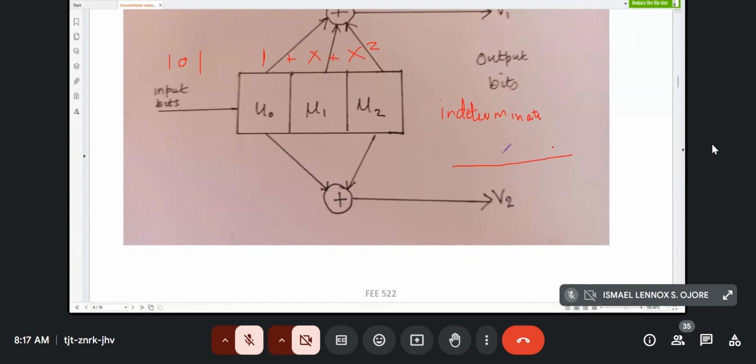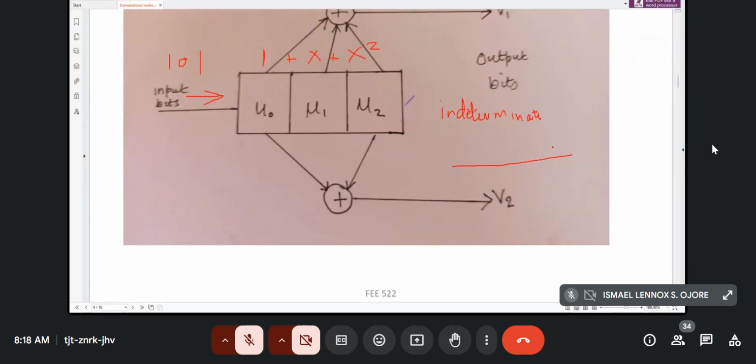It will not be that straightforward, because the sequence will be sliding through these memory registers. That's why it's called a convolutional encoder. It's basically a convolution process. If you remember, we looked at convolution last semester and last year. It's from your syllabus.